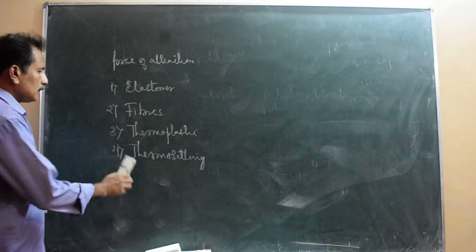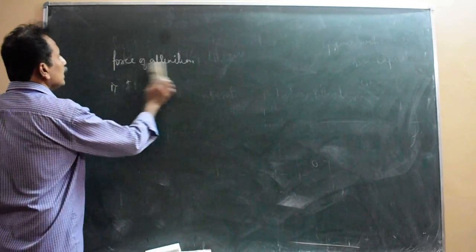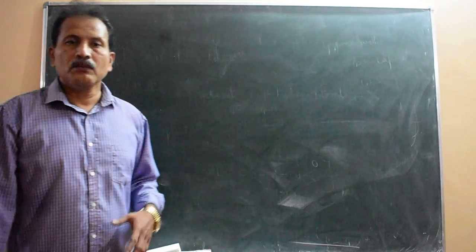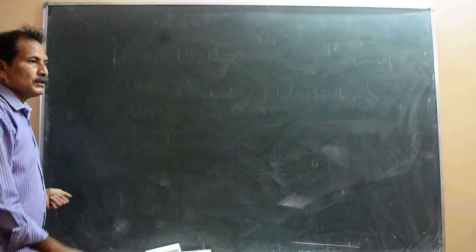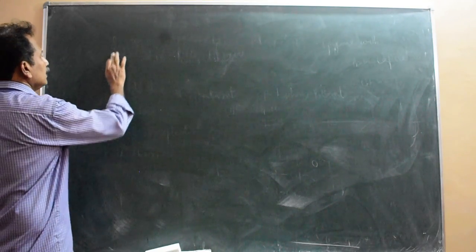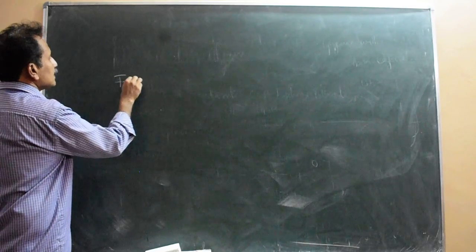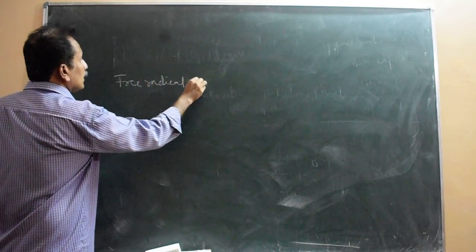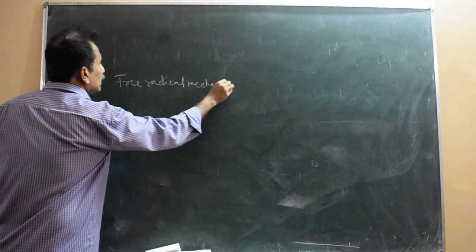So once that was done, we went into addition polymerization. In addition polymerization, we saw the mechanism. So addition polymerization takes place by the free radical mechanism. So what happens here?